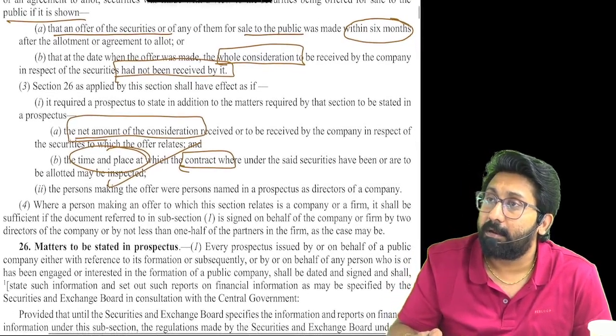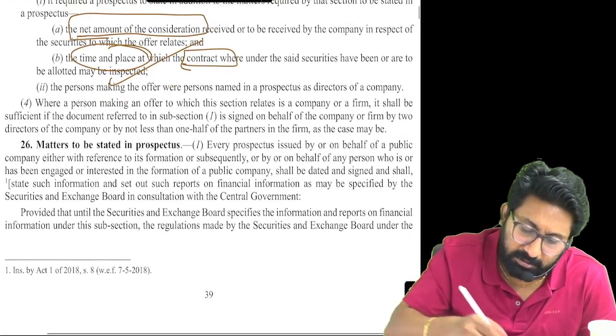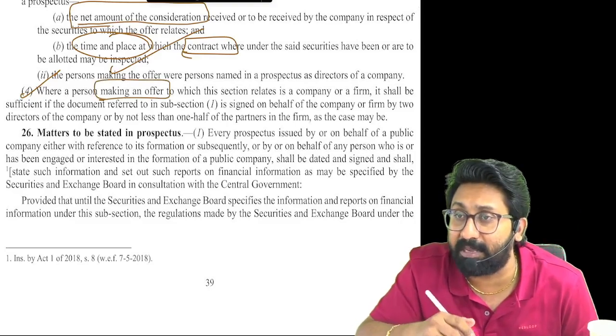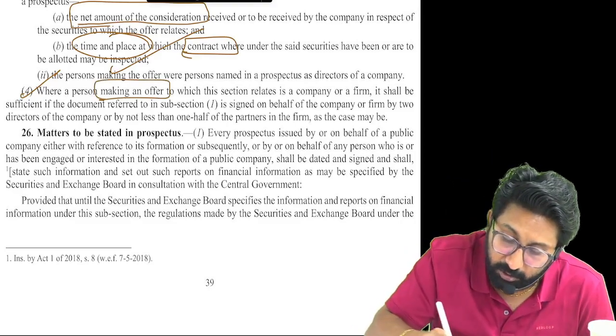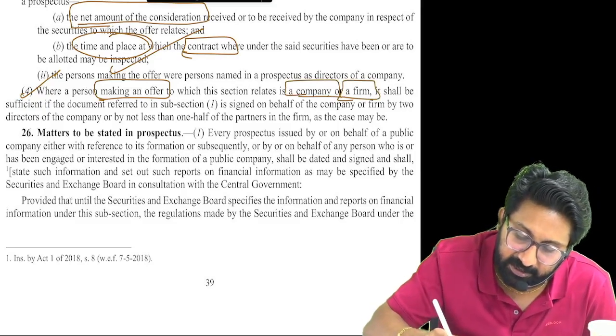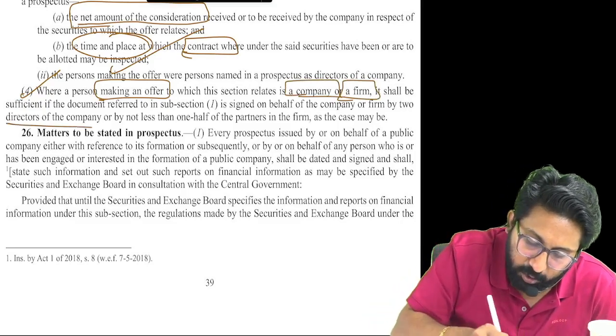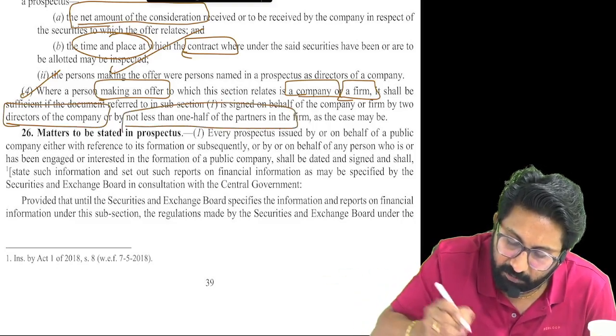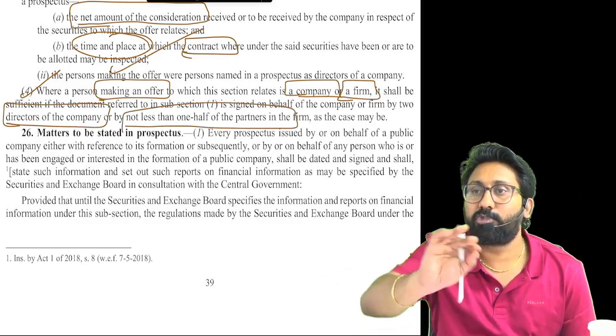LLP? Company? That's what you want to tell here. Where a person making an offer, the issue house, relates to a company or a firm, it shall be sufficient if it is signed on behalf by 2 directors, and if it is a partnership firm or LLP, not less than one half of the partners.